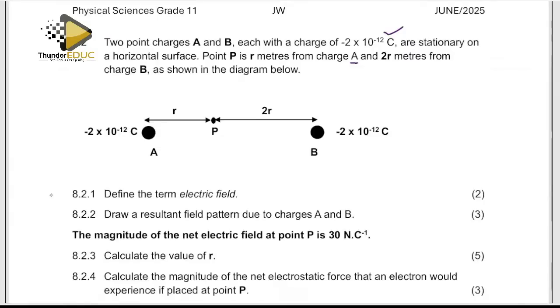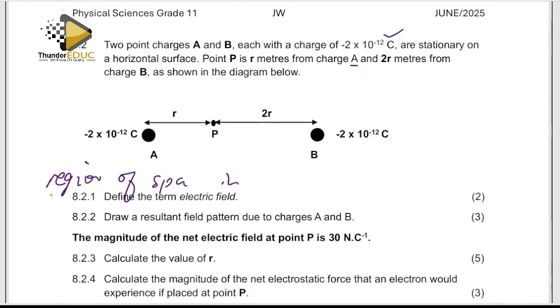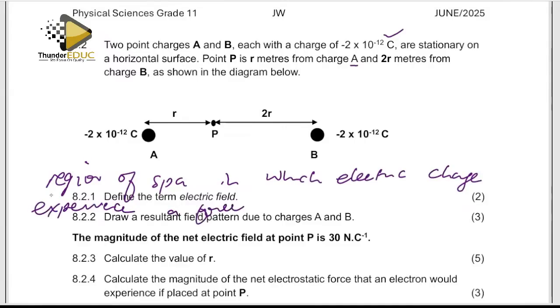Can we define electric field? So we know that this is basically a region of space in which an electric charge experiences a force. Then they want us to draw the resultant pattern as a result of A and B. So this is a negative, that's a negative.